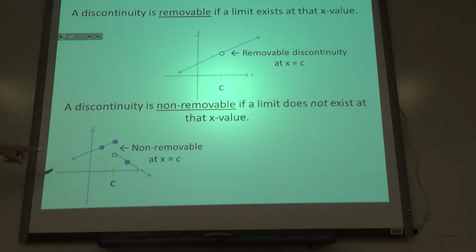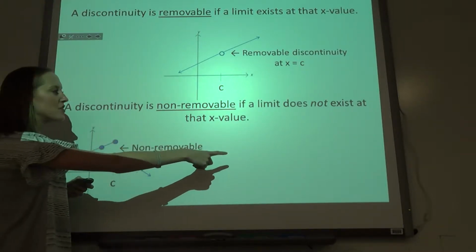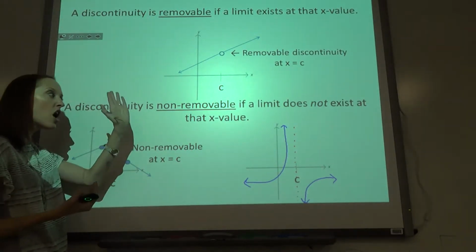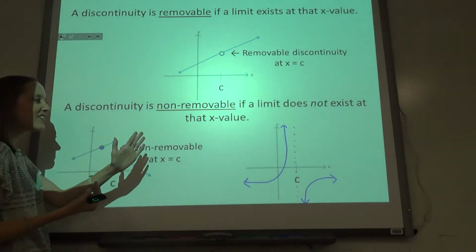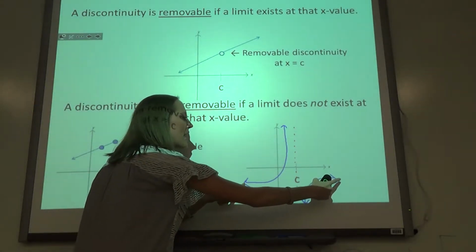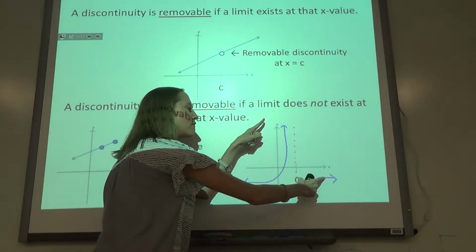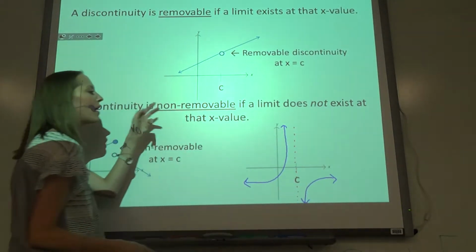So it could be something like this, where they're just approaching two different y values, or I kind of had to draw this one in by hand, but it could also be something where there's an asymptote at that x value. So coming in from the left, you're going all the way up, coming in from the right, you're going all the way down.